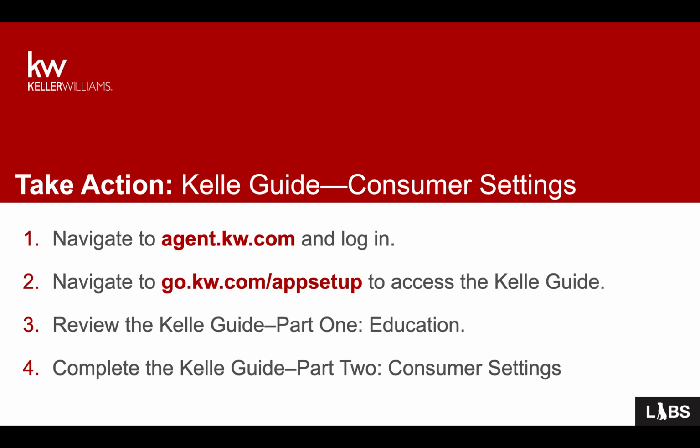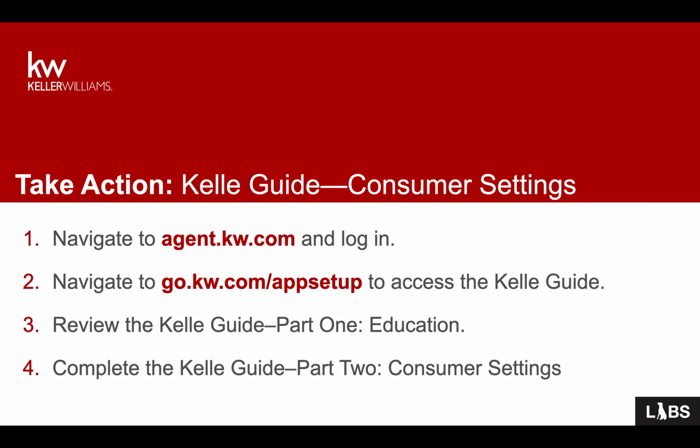Okay, so we are going to go ahead and talk about taking some action. So the Kelly Guide in Consumer Settings, which is where I was just showing you, you guys can go there where I just showed you, or you can use these steps right here in order to complete those pieces.